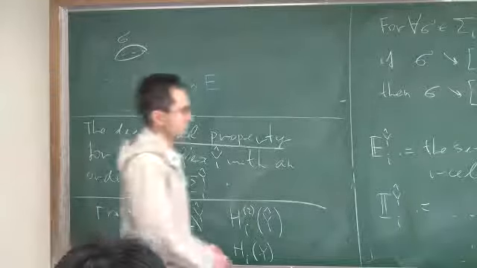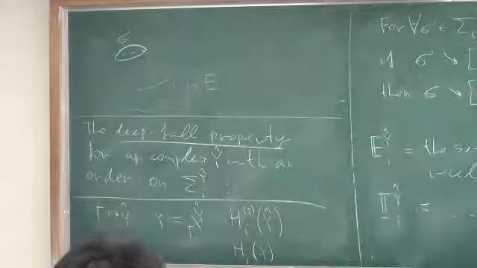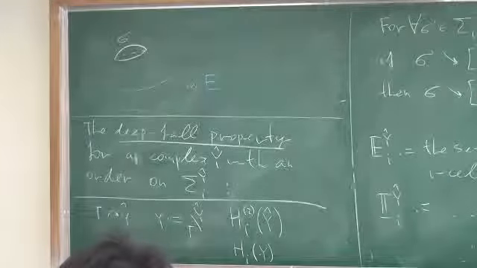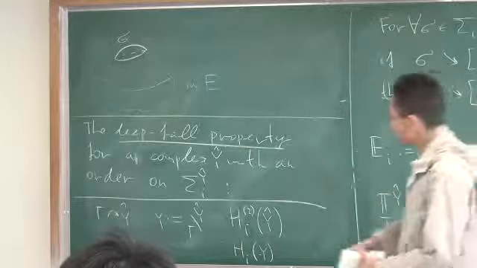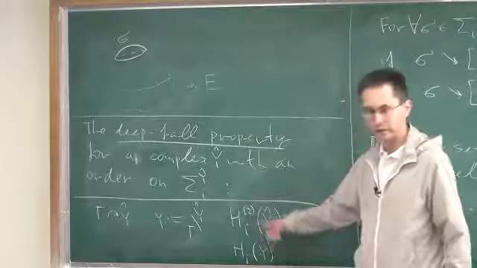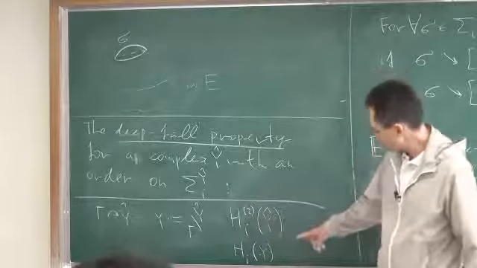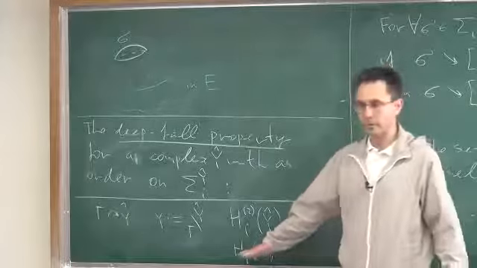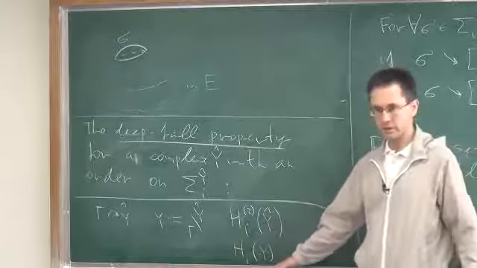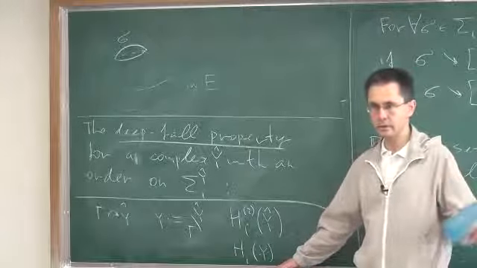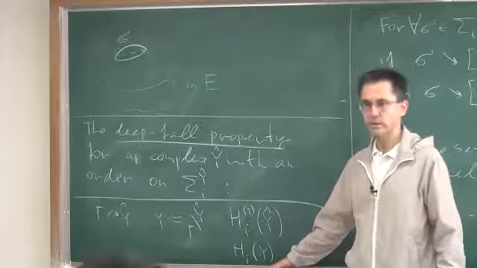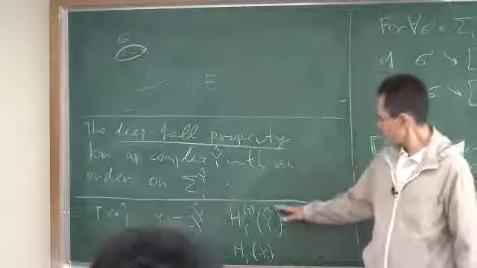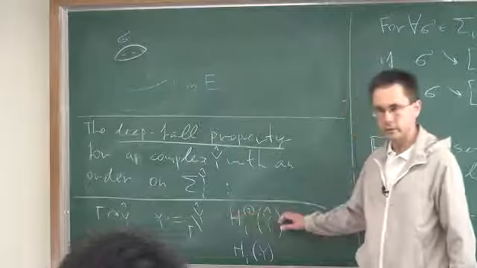So maybe I should say one relation between the two. It's not the case that the homologies correspond. Say if this is a connected finite complex, what's the zeroth homology? The zeroth homology would be just C, the one-dimensional vector space. But what's the zeroth homology of this?